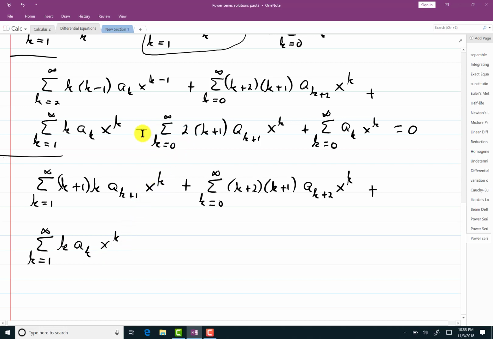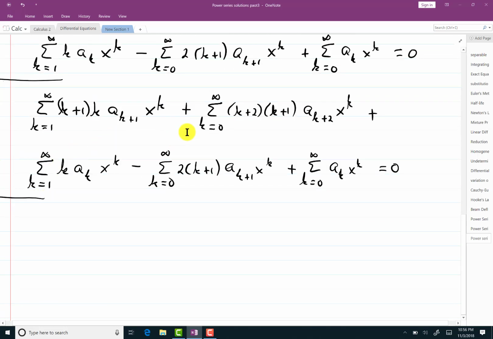And then the rest of my series have already been fixed. And that, of course, equals 0.